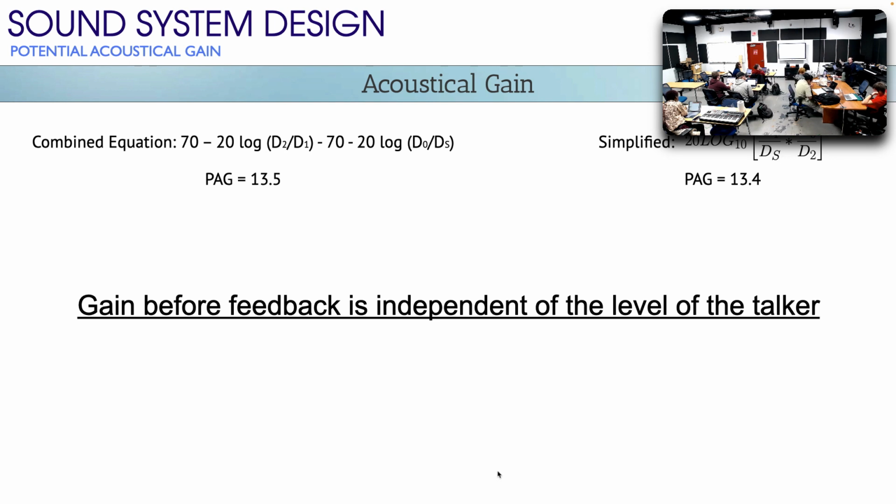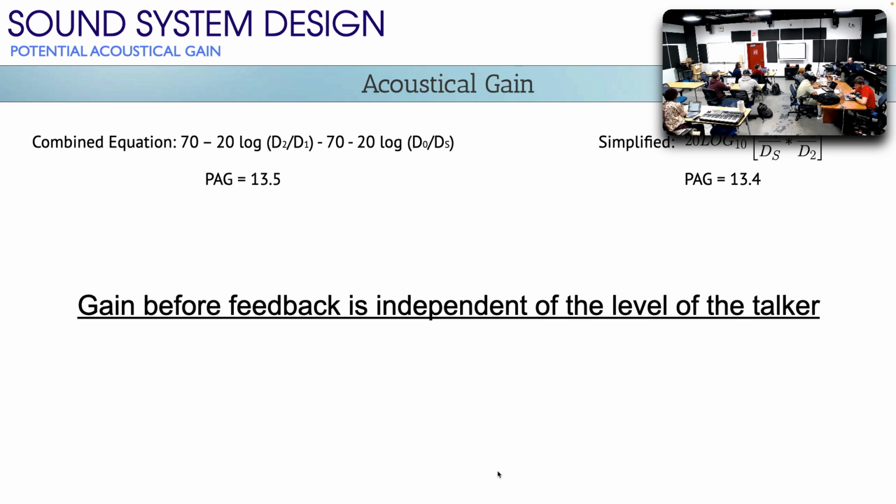And in a small room, that might mean that you need less gain in order to achieve intelligibility. The amount of difference you have to make to get the level you want might be less in a small room if the actor talks louder, just because the listener is hearing more already.